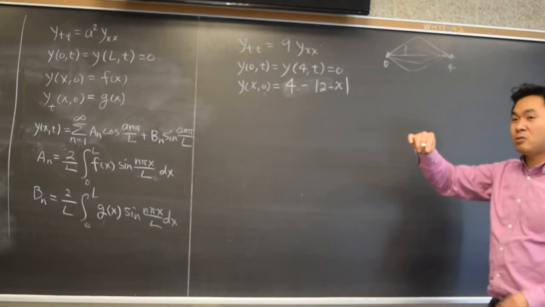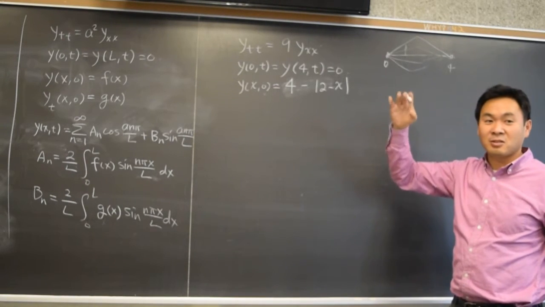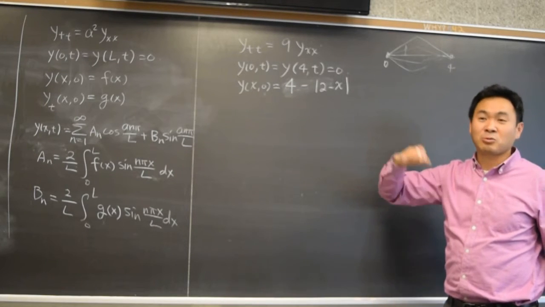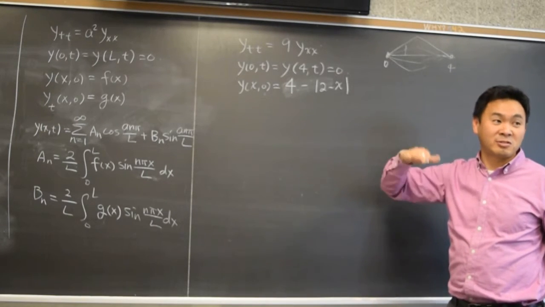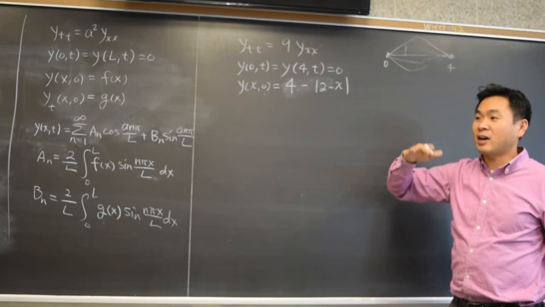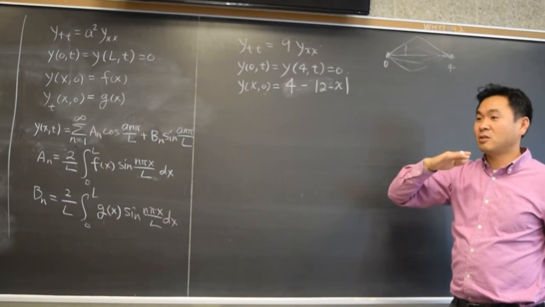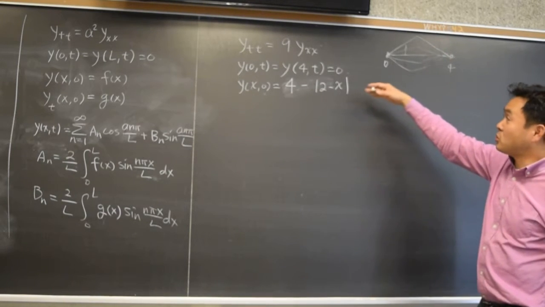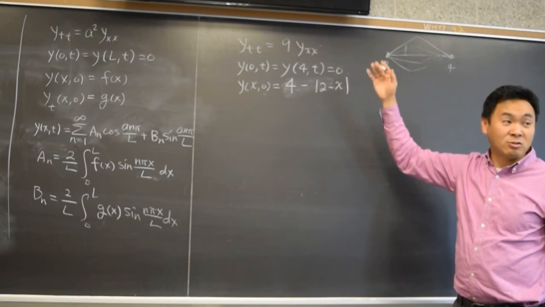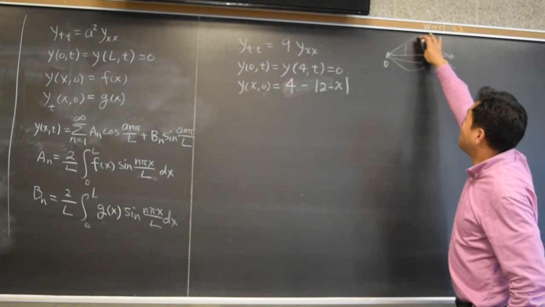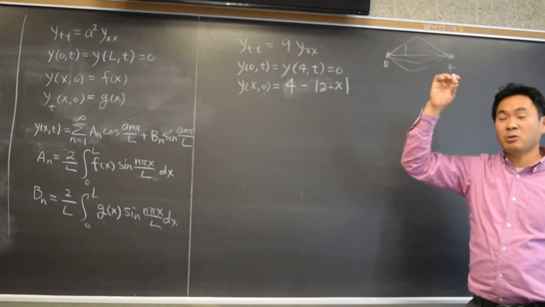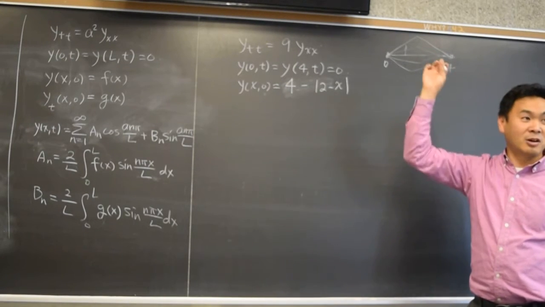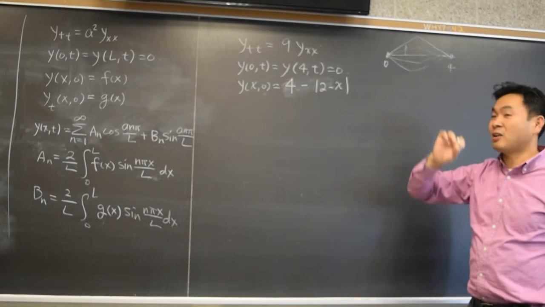If you really took a string and you released it, then because of some friction, and actually you lose a lot of energy due to sound, it gradually reaches equilibrium. Here it doesn't, because we don't assume any kind of friction. The solution will tell you that it goes back and forth without any loss in the amplitude.